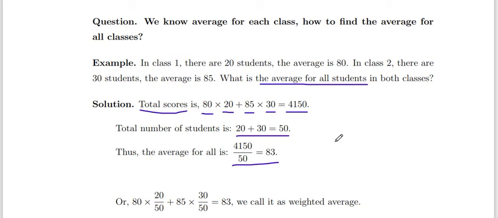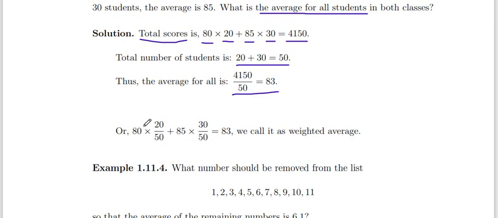Okay, so we can understand this average this way. The average of class 1 is 80, class 2 is 85, but we cannot just do 80 plus 85 divided by 2. We cannot use this way because the 2 classes do not have the same number of students. This one's 30, that one's 20.